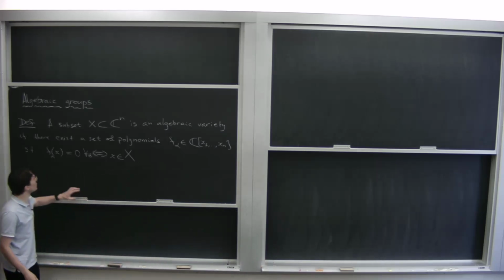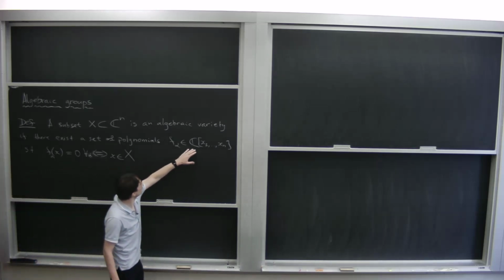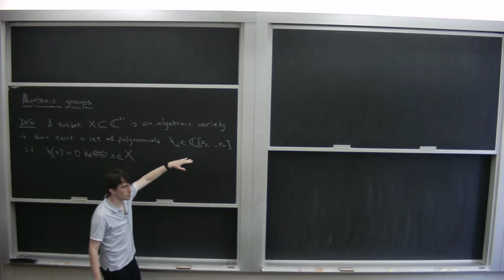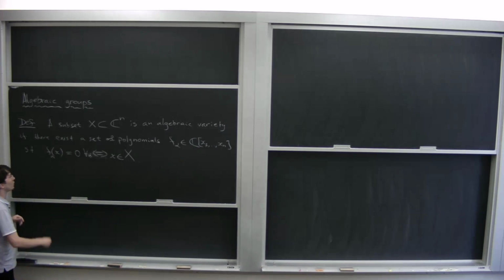We will only say that if polynomials can be chosen to be with real coefficients, then it's going to be called a real algebraic variety.